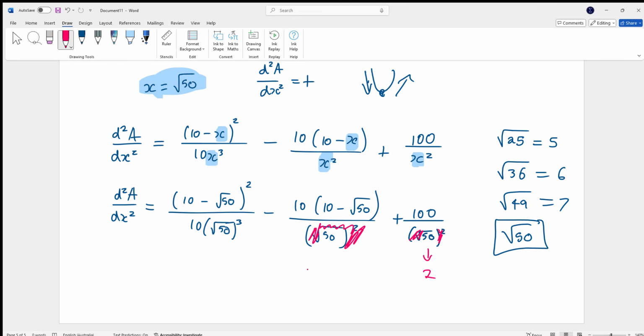This number here, we'll just write it as negative 100 plus 10 root 50. Now, here's the thing, we want to work out if this number is positive or negative. Now, we know this result is positive. If we can work out what this is, which it's probably going to be negative realistically here, but we just have to double check.